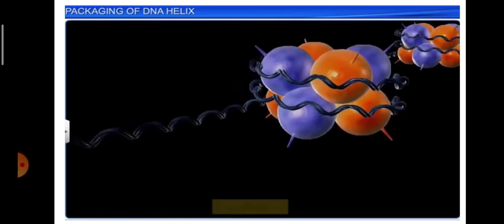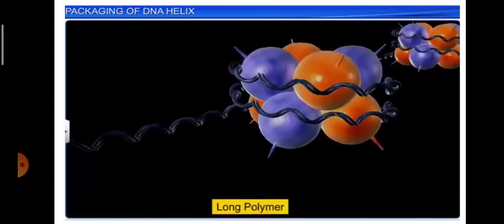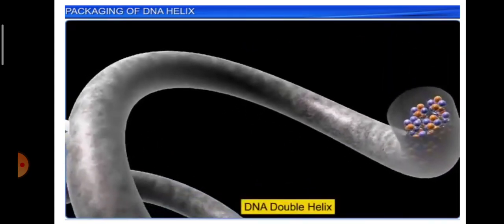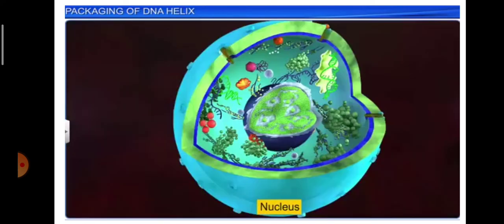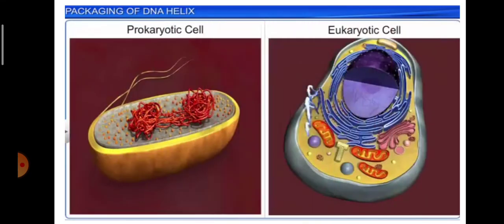Have you wondered how such a long polymer is packaged within a typical nucleus with a dimension of about 10 raised to the power minus 6 meters? To understand this, let us learn about the packaging of a DNA double helix, which is different for prokaryotes and eukaryotes.